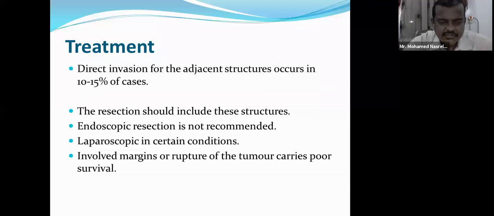The patient's condition carries a very poor survival. And rupture of the tumor before surgery, or after or during surgery, also makes it worse. The condition will become one of poor survival and prognosis.